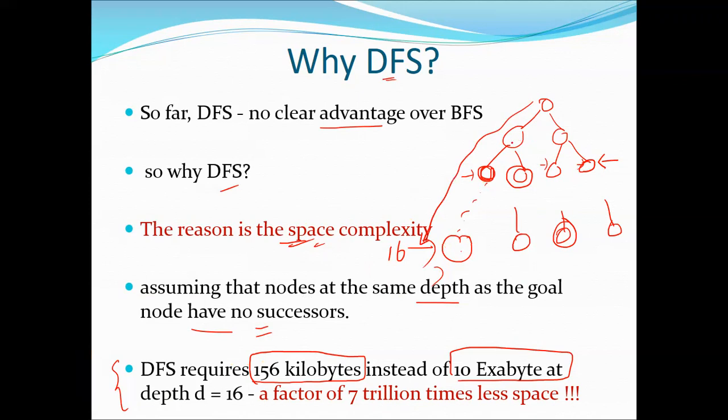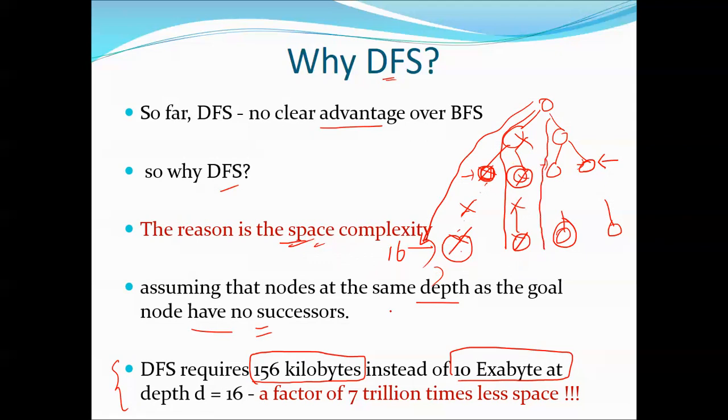After identifying that this path does not have a solution, it will ignore all these nodes. It will not keep these nodes in the memory. Then it will explore this path. After knowing that this path does not have a solution, it will ignore all these nodes. This node will not be in the memory. Then it will explore this path.